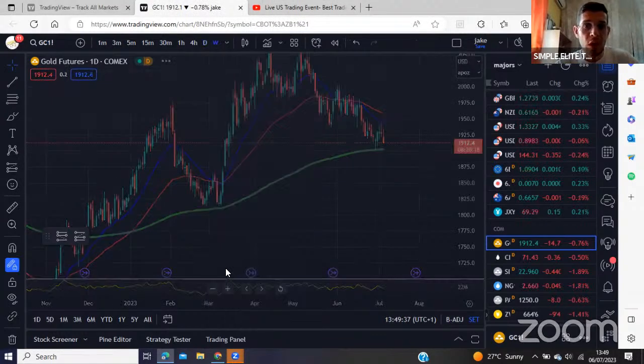That's why a higher time frame always gives you a better picture and the direction on the long side.